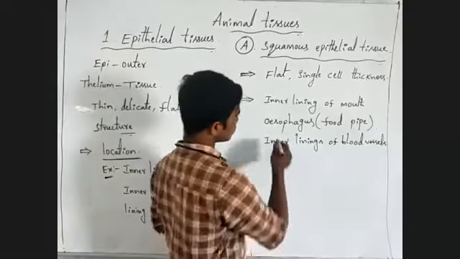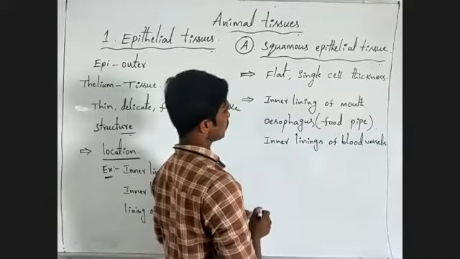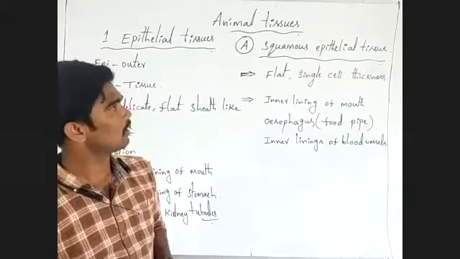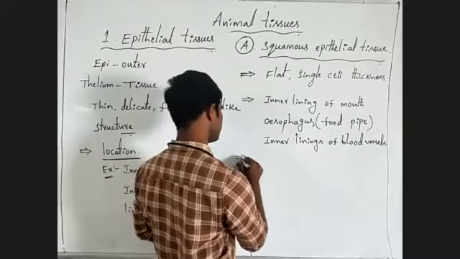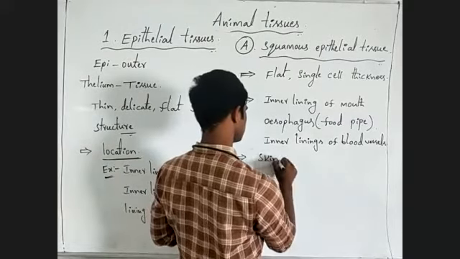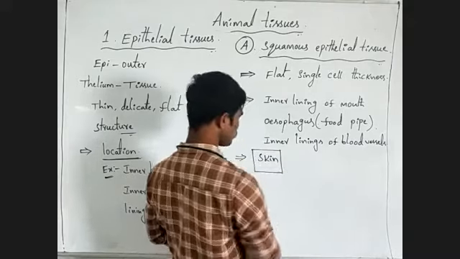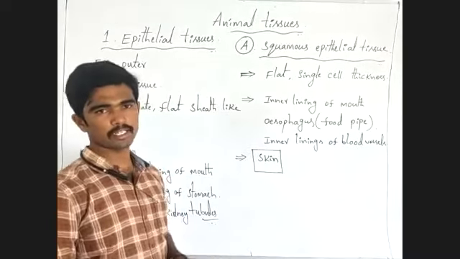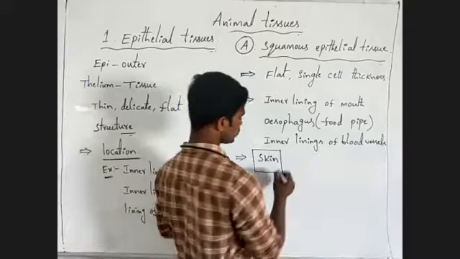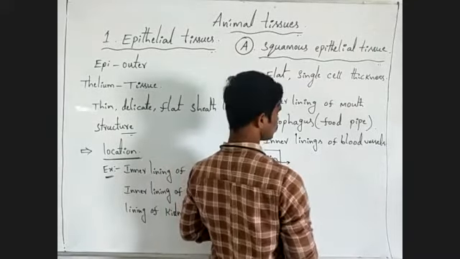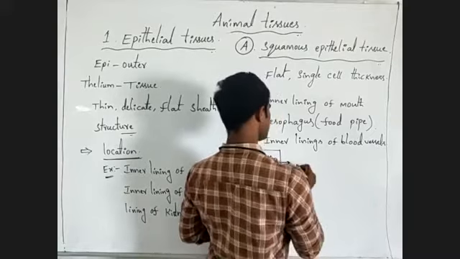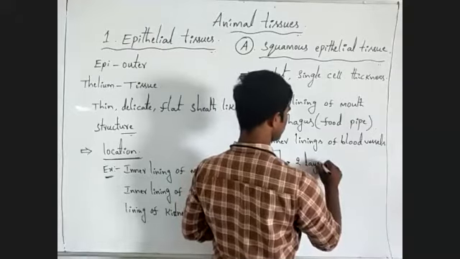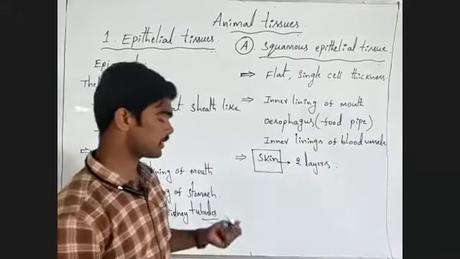Understanding? Like this, in different regions, this squamous epithelial tissue is present. In skin, squamous epithelial tissue is present in two layers. It has two layers and forms the skin.